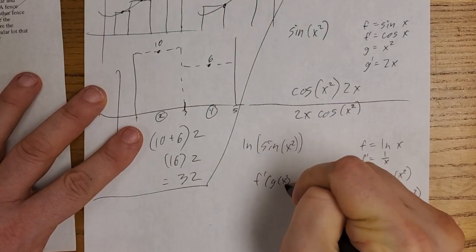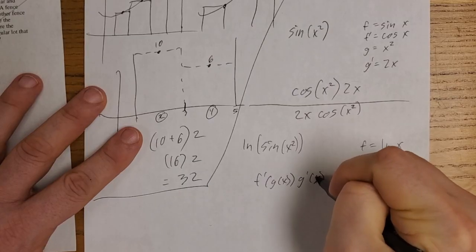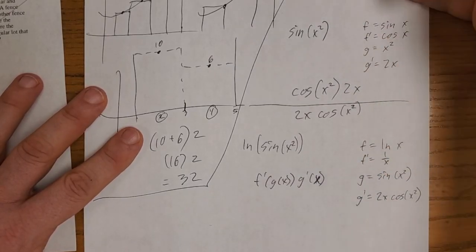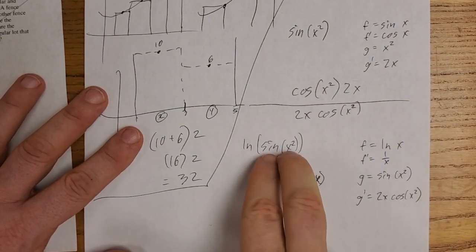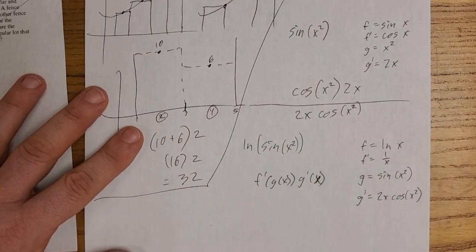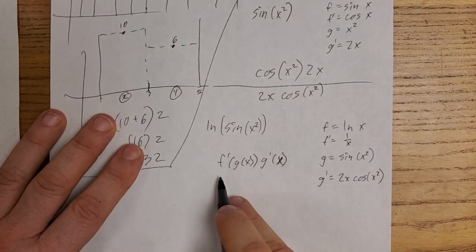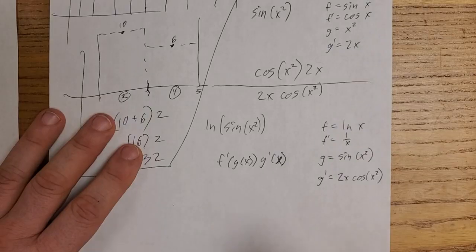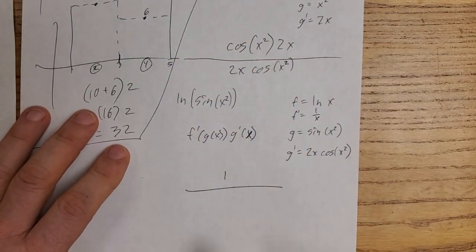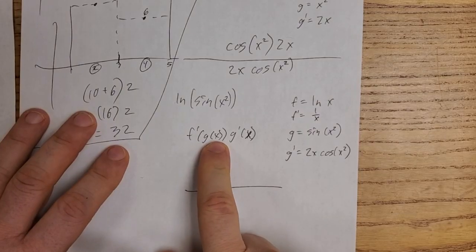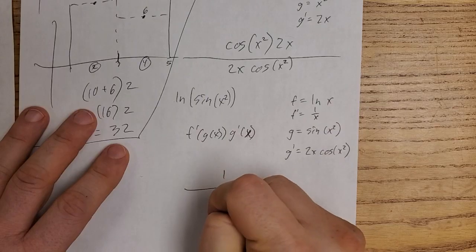Let's rewrite it just to remind ourselves. So we did the inside first, just so that we could find the derivative of that when that whole thing is our new inside. So we have the derivative of that f being 1 over x. So we're going to be 1 over something with the original g, which is that sine of x squared.